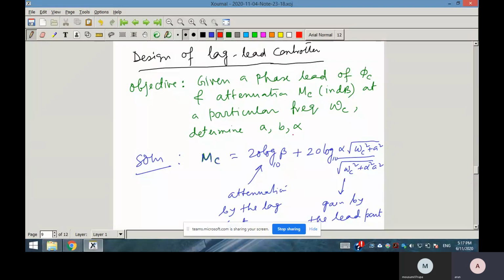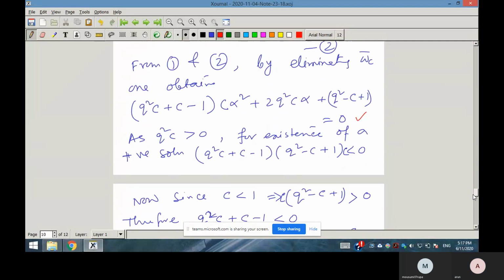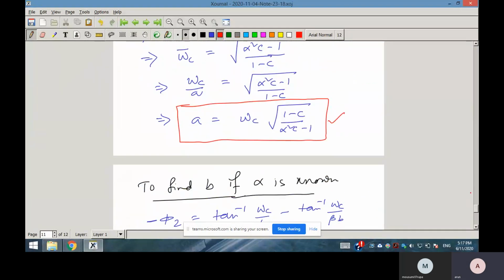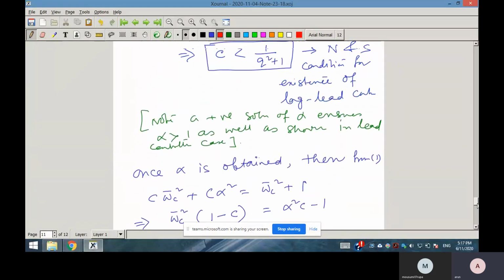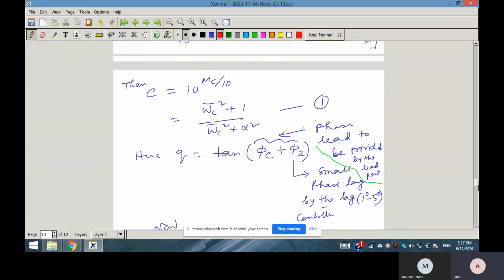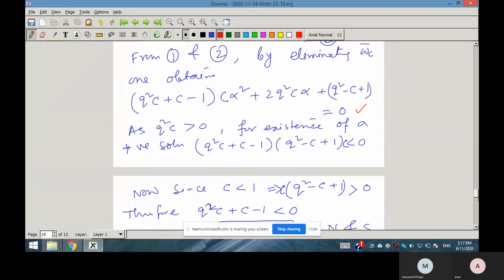So that's why A, B and alpha are needed. What you have to do first? You have to solve first this quadratic equation.